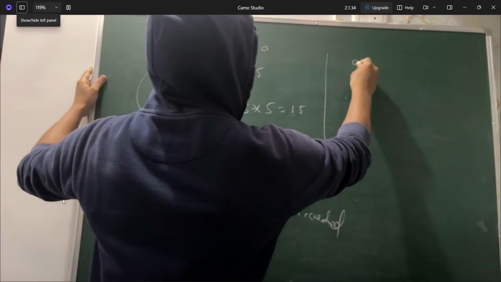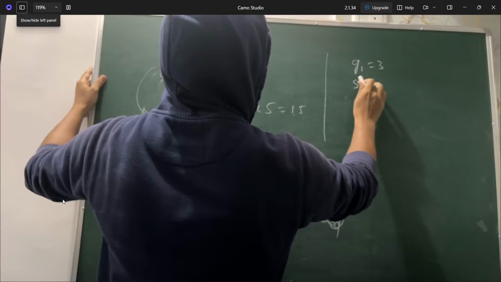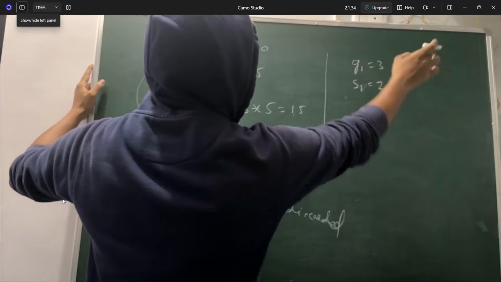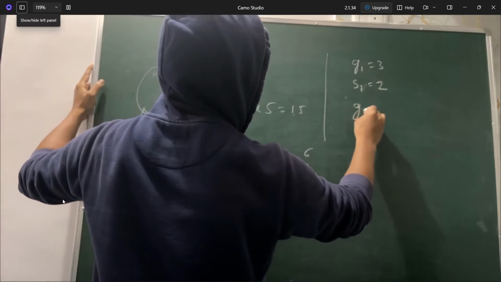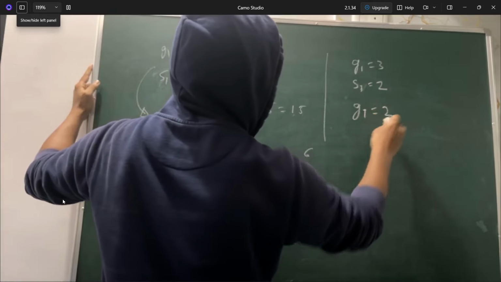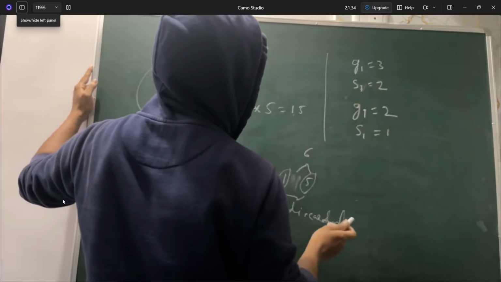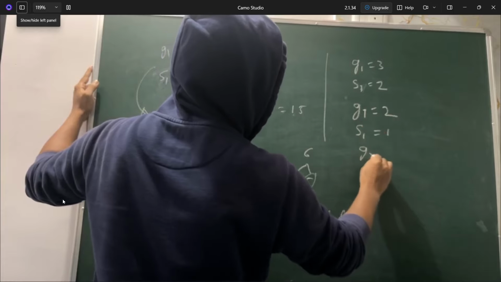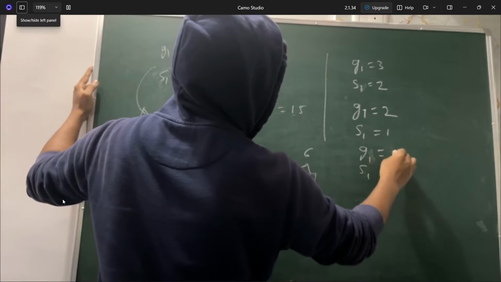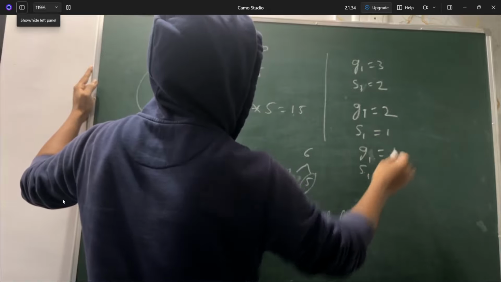So let's say you have G1 as 3 and S1 as 2. Let's say now you discard 1 gold coin and 1 silver coin. Your G1 will be an intermediate step: it will be 2 and S1 will be 1, because you have discarded both the silver and the gold. Now you want to discard one more time, so your silver will be reduced to 0 and gold will be 1.